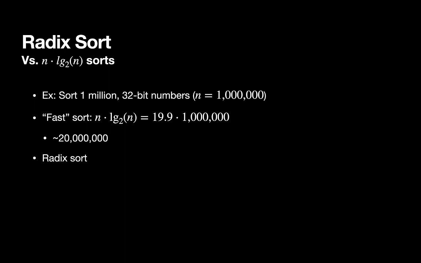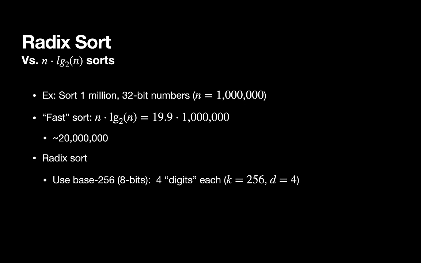Instead of having just 10 buckets, we can think of having 256 buckets. A 32-bit number is just made up of 4 8-bit parts, so each 8-bit part corresponds to having 256 digits. Instead of just 0 through 9, we'd have 0 through 255 for our buckets.